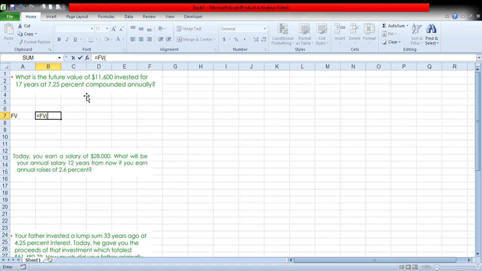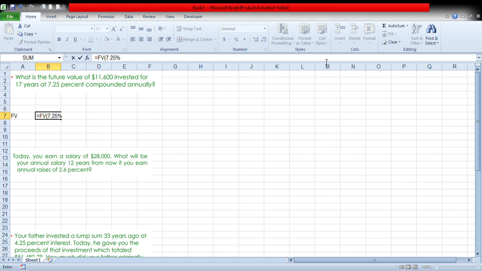The annual rate is 7.25% compounded annually. That's the main important thing, so you need to take the rate 7.25% and write it.